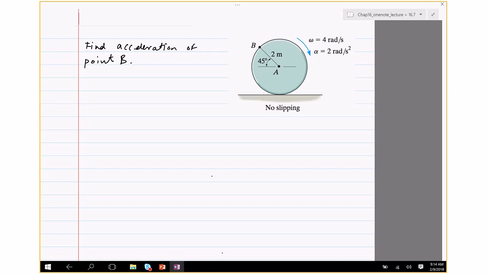And both those things are clockwise. The key information is it's not slipping, which means that the point of contact has a velocity and acceleration of 0. That's the key thing, which we'll use.